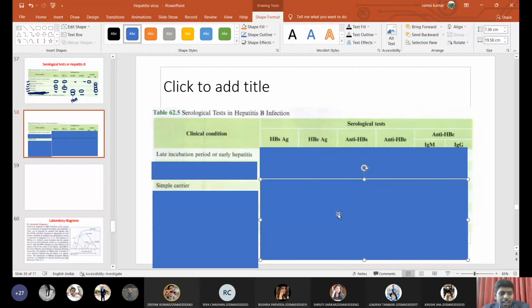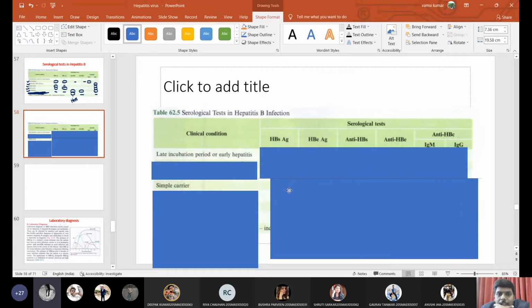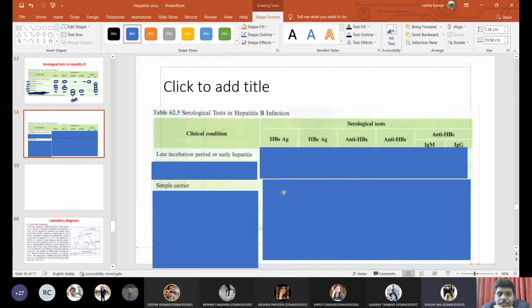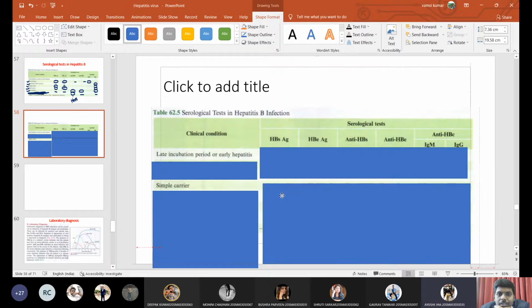Can you see my PPT? Yes, sir, we can see. What will be the status of HBs antigen in a simple carrier? Positive. Yes, simple carriers only have surface antigen.